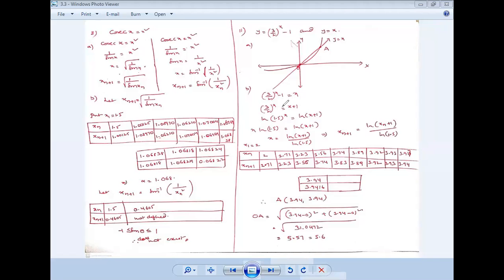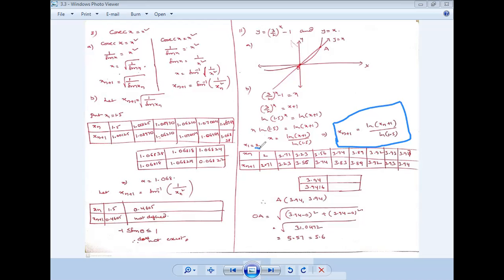Because we have to write the iterative formula. So applying ln on both sides, ln of 1.5 to the power of x equals ln of x plus 1. Using ln a to the power of m is m ln a, x ln 1.5 is equal to ln(x plus 1). So x is equal to ln(x plus 1) by ln 1.5. So this is the iterative formula, and by using this we have to find the value.